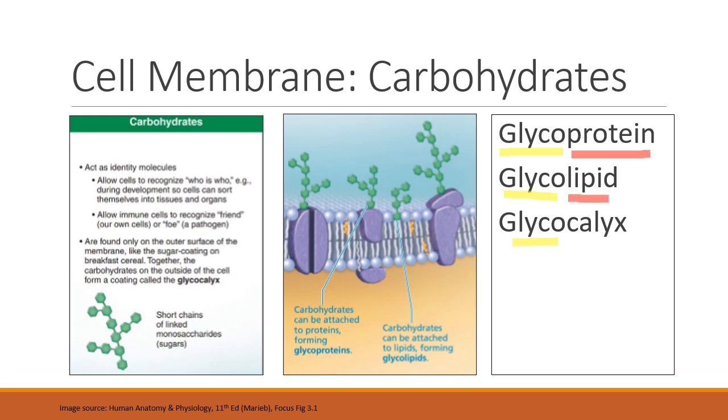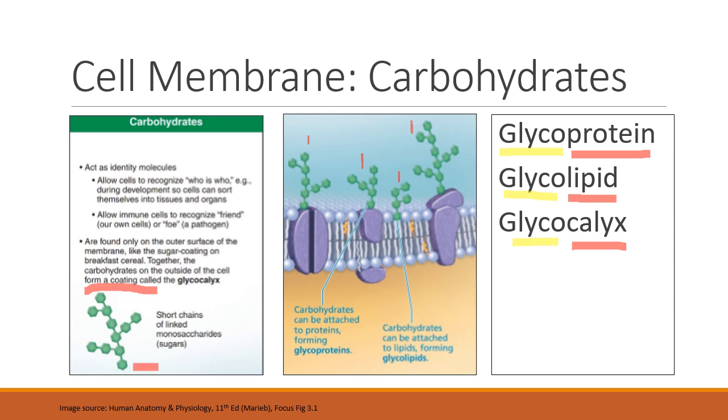We have a glycolipid, which is a sugar attached to a lipid. And then we have something called the glycocalyx. The glycocalyx, you kind of see the definition down here. It's all of these carbohydrates here that are kind of here on the outside of the cell. It creates a coating on the outside of the cell. That sugary coating, if you will, is called a glycocalyx.